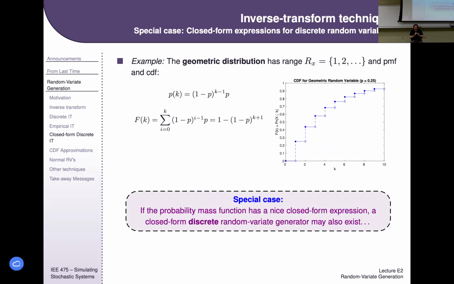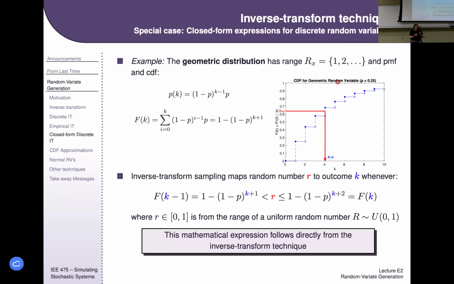There are special case discrete random variables where, if you know the mathematical form of the probability mass function, you can be clever about how you come up with the inverse transform generator. Because if you know the symbolic form of the CDF, then you can go through this process and come up with a nice symbolic random variate generator where you draw a random number and then ask which outcome it falls between, and then use that outcome instead.